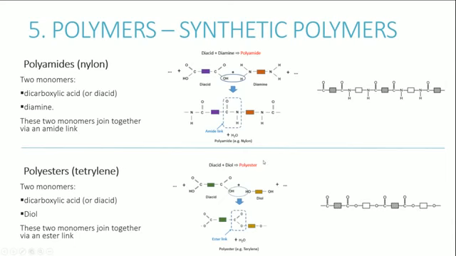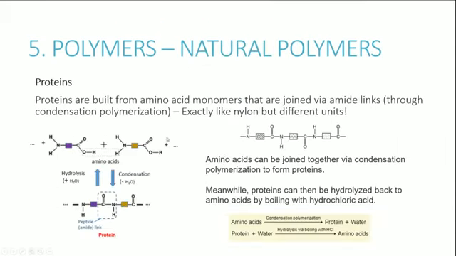The natural polymers consist of proteins, which are built from amino acids, and monomers that are joined via amide links through condensation polymerization, exactly like we looked at before. It's just different units. So basically, we've got the carboxylic acid group, and you've also got the amine group.